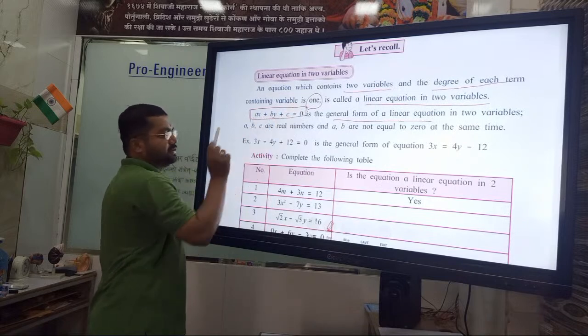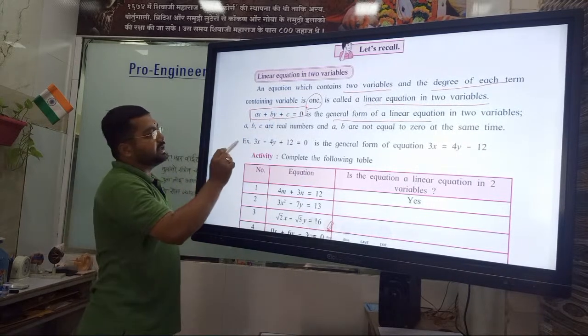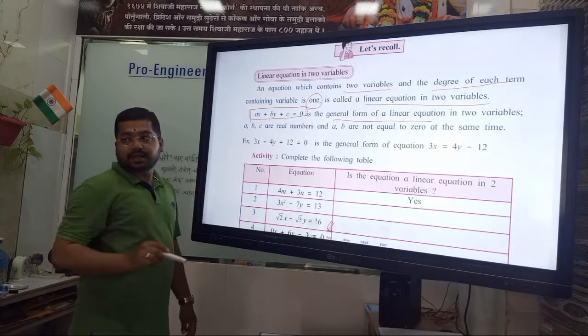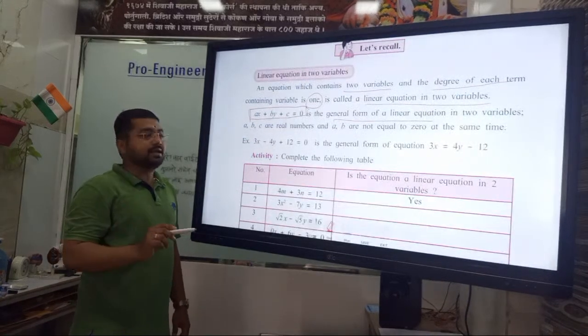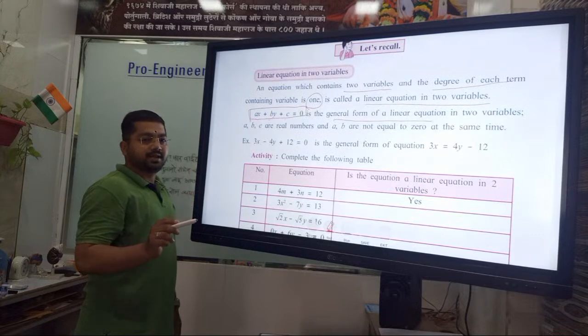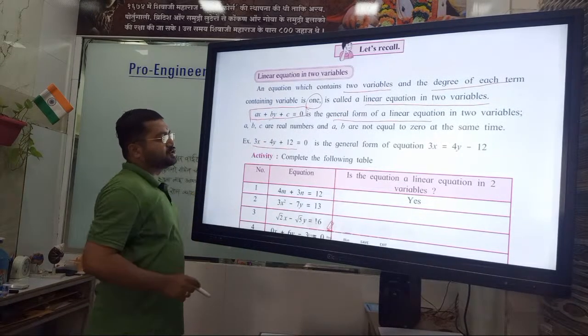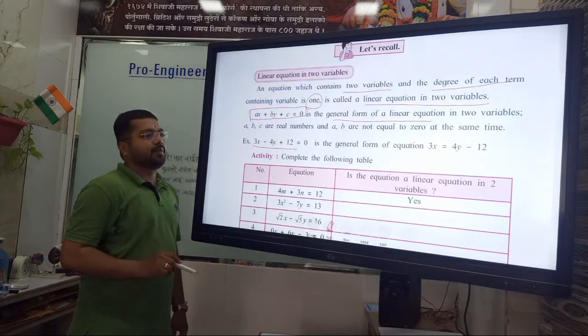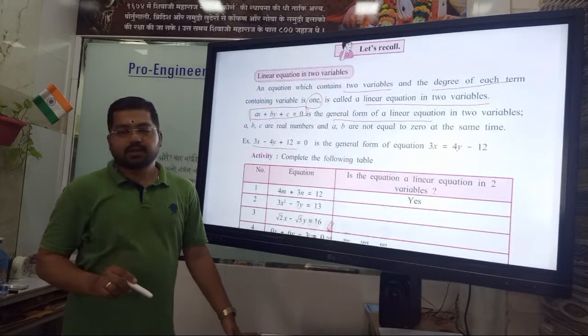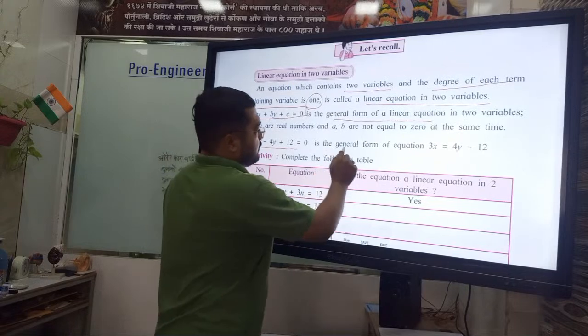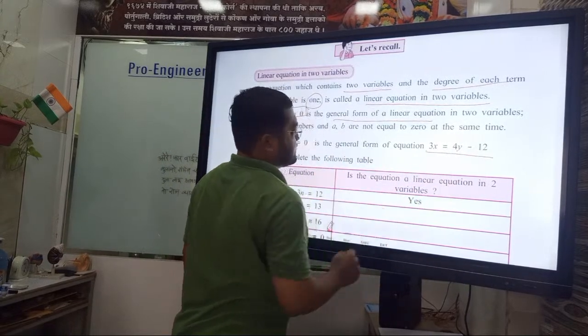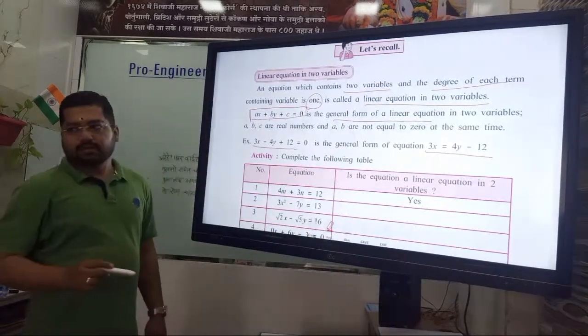A, B, C, 3 real numbers are there, but A and B should not be 0. Example: 3x plus 4y plus 12 is the general form of an equation. That can be written as 3x is equal to 4y minus 12, right?